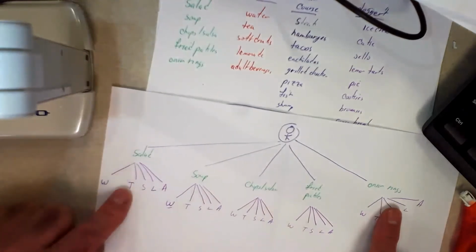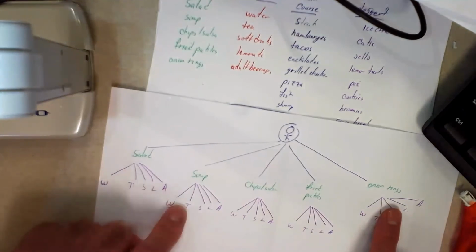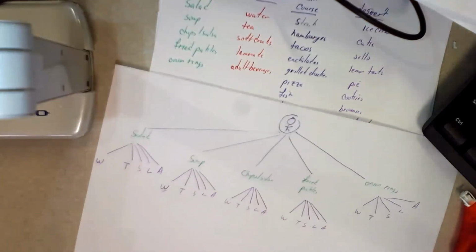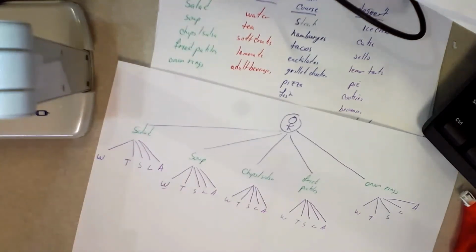So water, tea, sodas, lemonade, adult, same thing. And you keep branching it off. You can see that it does get complicated when you have a whole bunch of nested items. But that's the procedure that you would do to create a tree diagram.